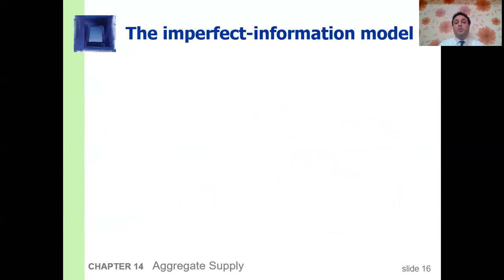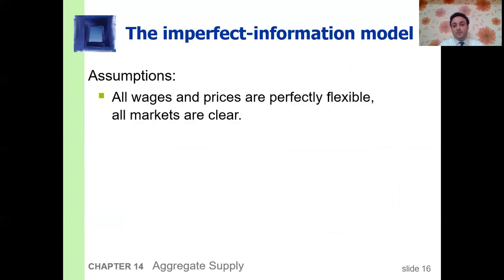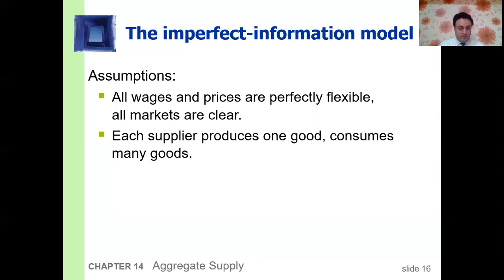Second model is the imperfect information. The assumptions of this model: all wages and prices are perfectly flexible, and all markets are clear. So each supplier produces one good, consumes many goods.